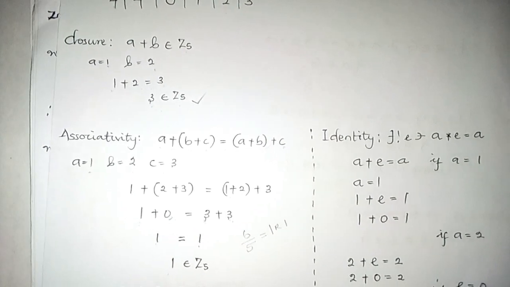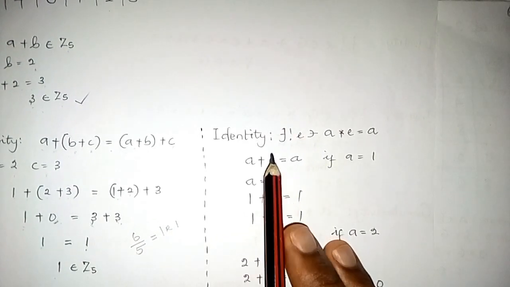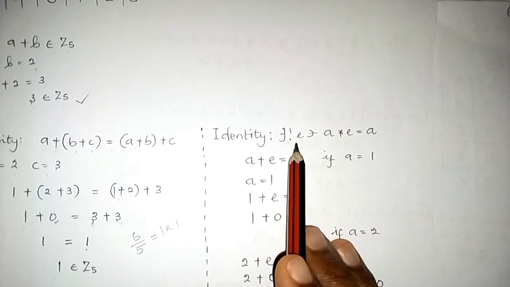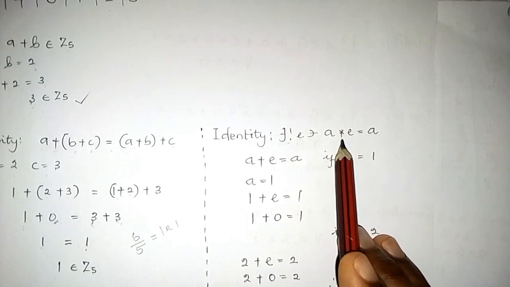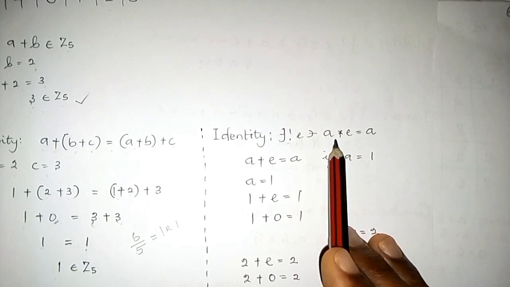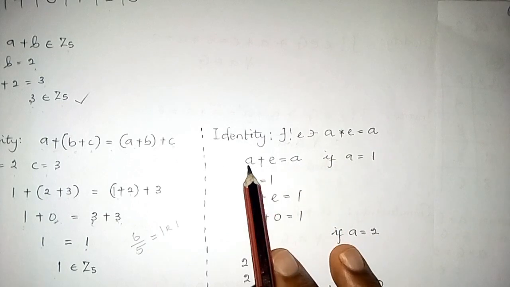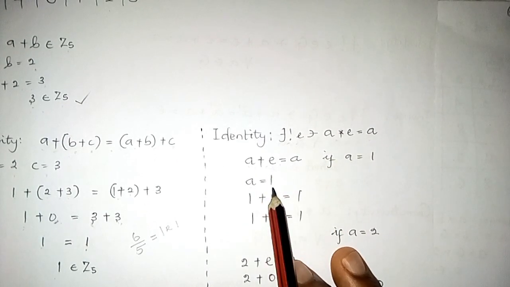The next is the identity property. It states that there exists a unique element e such that the element a performed on the binary operation by e will give us a. So a plus e equals a. Let's give a as 1.